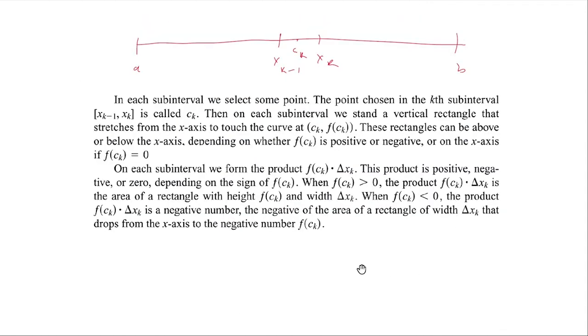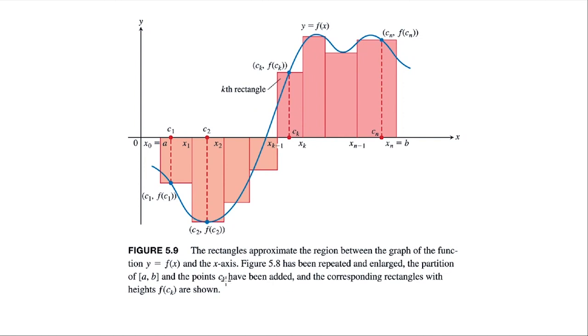Okay, so now we're talking about this kind of structure. This is the curve, and we use the partition x0 to xn to divide this interval A to B, and on different sub-intervals we are choosing different points like c1, c2, c3, ck, and using those points we are drawing these rectangles.